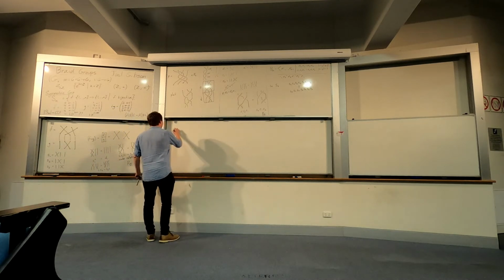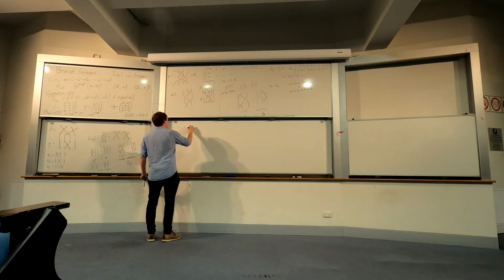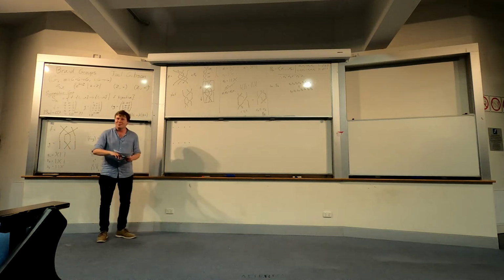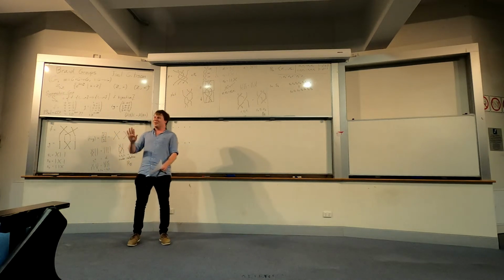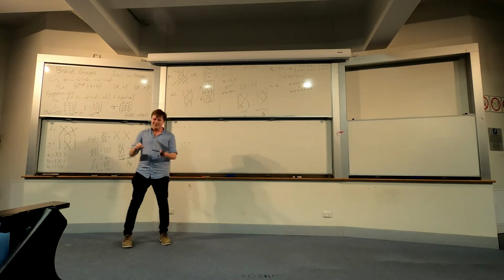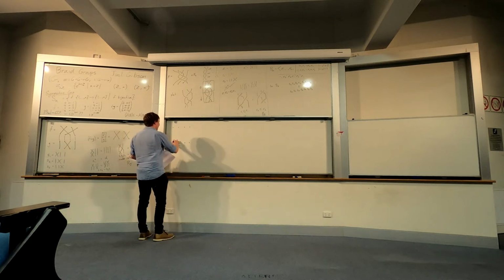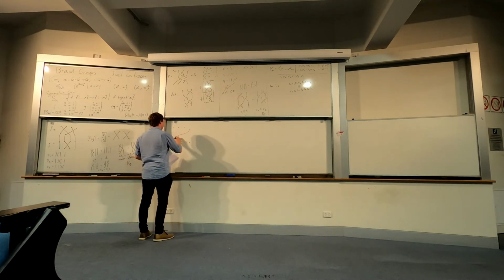There is a special braid called the full twist. I can describe it to you with my hand a bit better. The full twist is when you go like this. Whoop. So in diagrams, it looks like this.